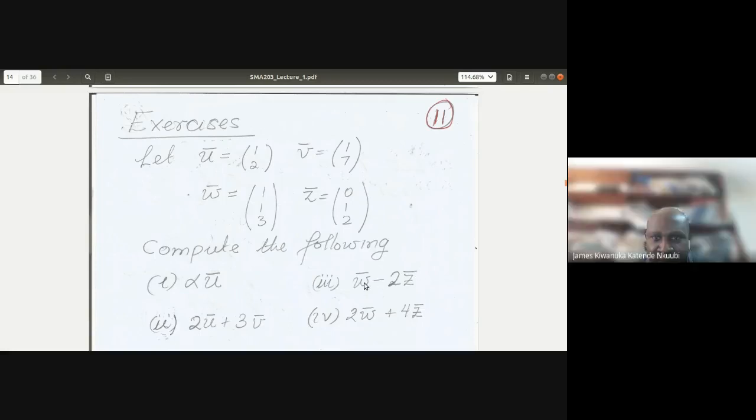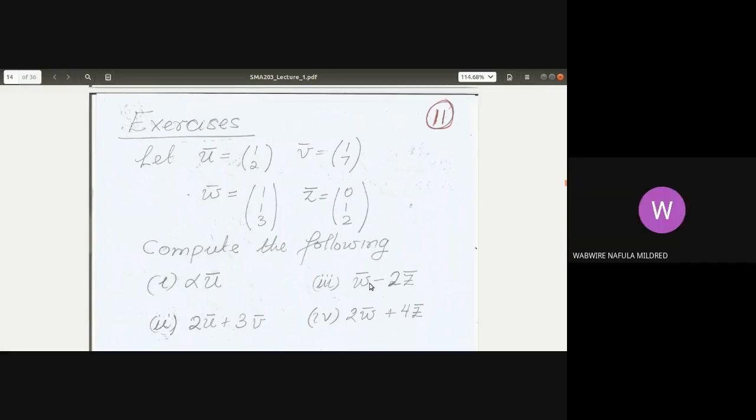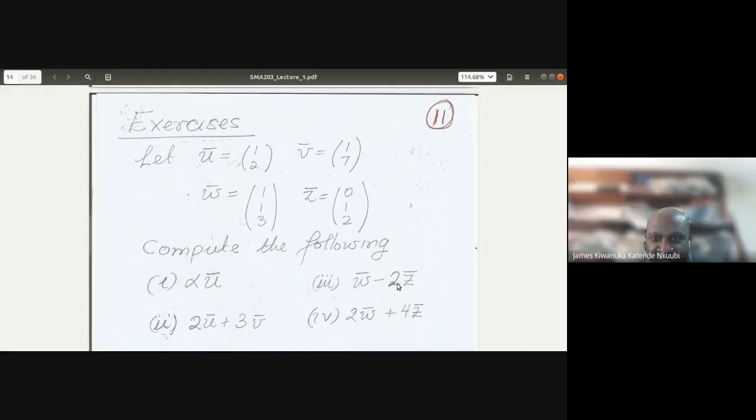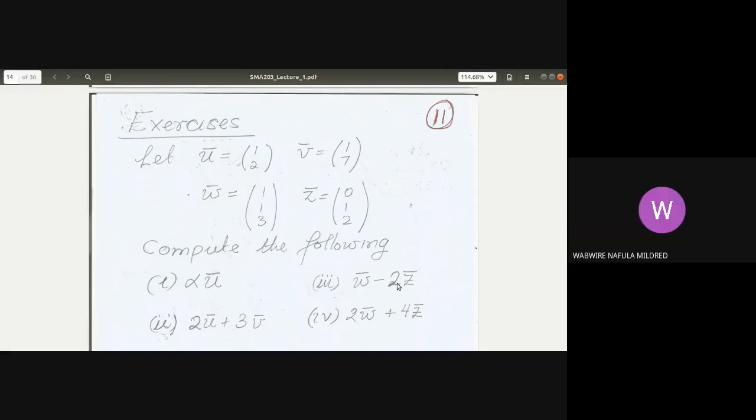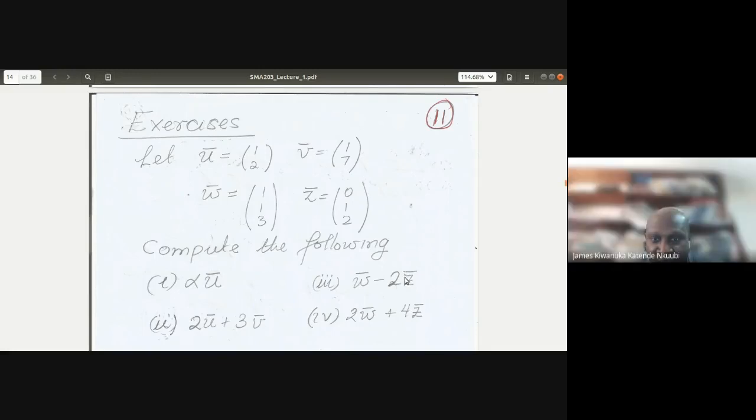Then the second. The second is 525. No, the vector, the vector. So the first component is what?